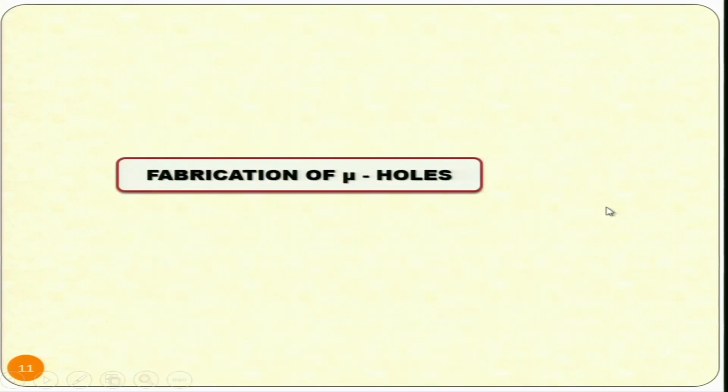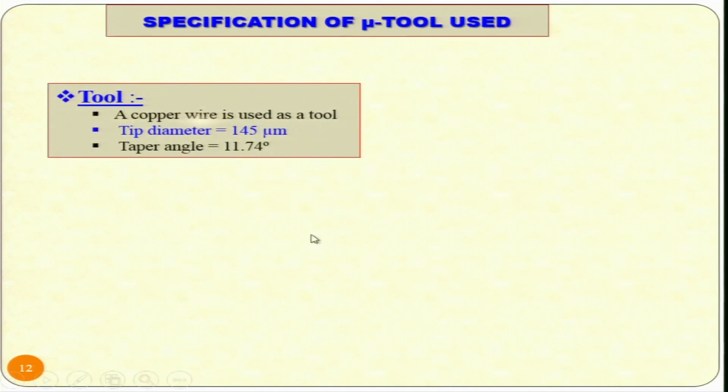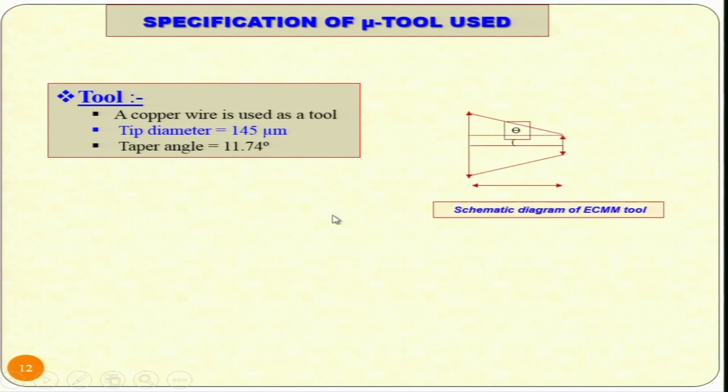Now, fabrication of micro holes using electrochemical micromachining process. A specification of the micro tool used in fabrication of micro holes: a copper wire is used as a tool. Tip diameter of the copper wire is 145 micrometer and taper angle is 11.74 degree.